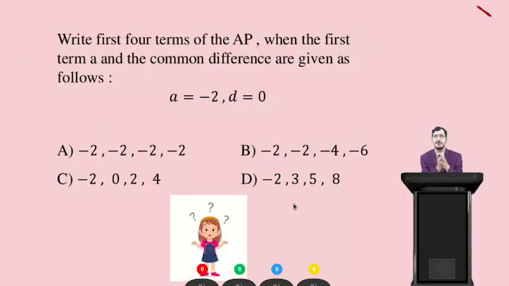Now students, it's question time. I have a question for you. Write the first four terms of the AP when the first term A and the common difference are given as follows. I am giving you 45 seconds for this question. Write the first four terms of the AP where A is equal to -2 and D is equal to 0.